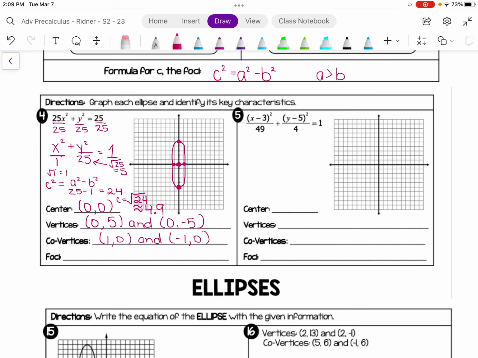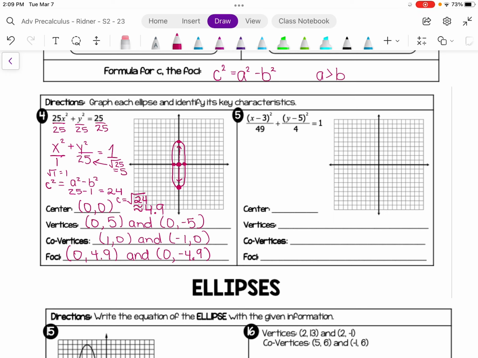So what that means is from the center, I have to go up 4.9 and down 4.9, which actually makes it easier. 0, 4.9, and 0, negative 4.9.